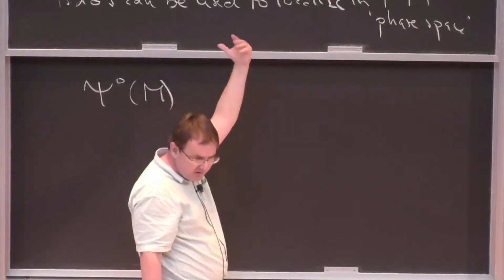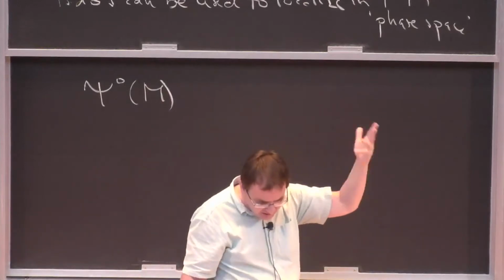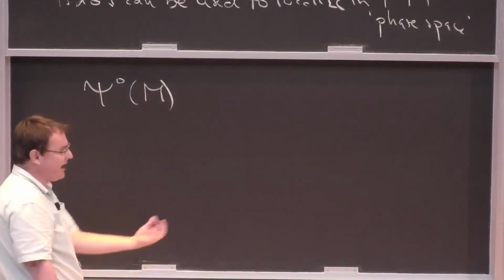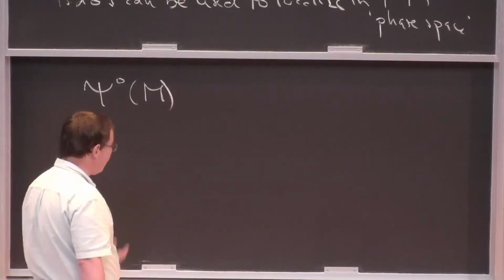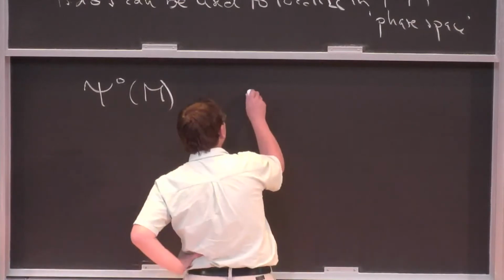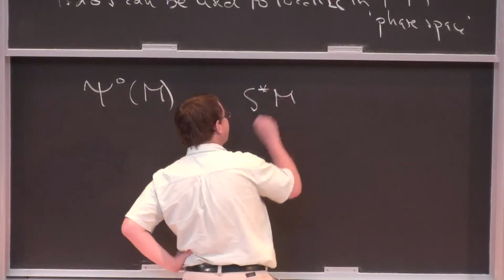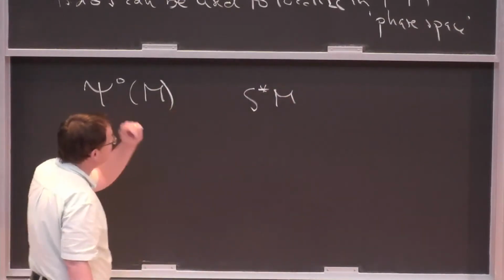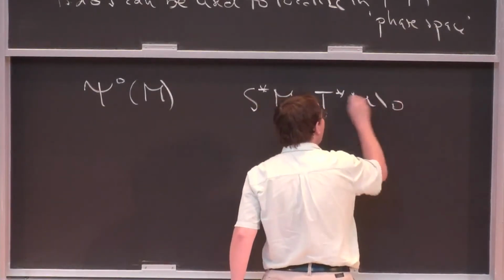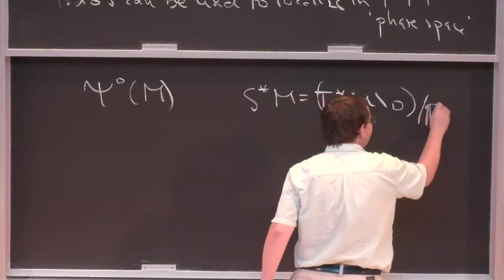My symbols are, to leading order anyway, homogeneous. So I cannot just localize near one point. I really have to take the corresponding ray. So what you really want to think about is the sphere or cosphere space, which is T star M minus 0 divided by dilations.